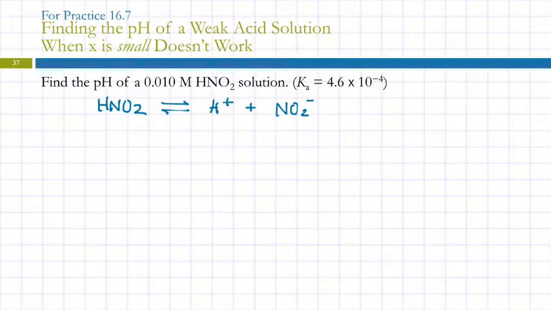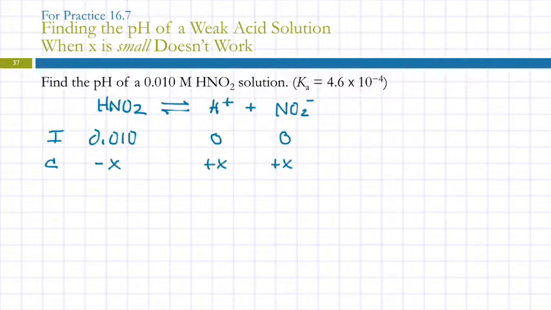We have an initial concentration for this nitrous acid of 0.010. That's our initial. And we're going to assume 0 hydrogen ions, and we know there's 0 nitrite.